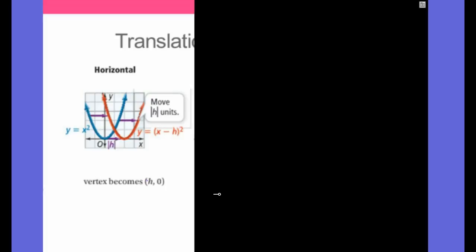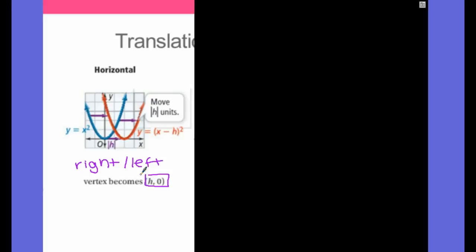So if we move the graph horizontally, the blue one is the parent function and the red one is moved. That red graph is moved to the right. So horizontal translations are movements right or left. They affect the h part of the vertex.